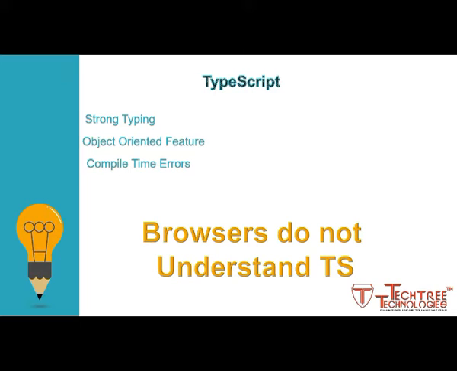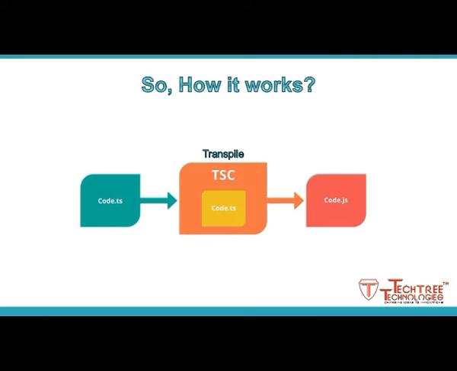You will be surprised to know that browsers do not understand TypeScript. So what do we do to make the browser understand it? We write our content in TypeScript, but the browser does not understand it. For that, there is something called transpiling.